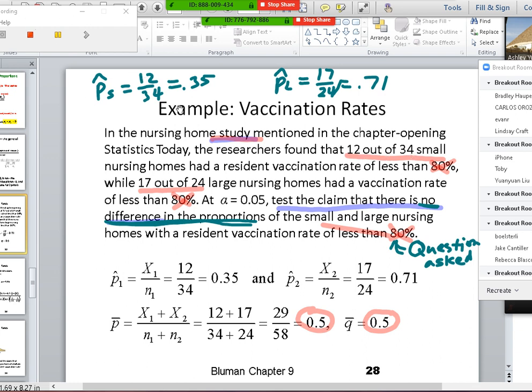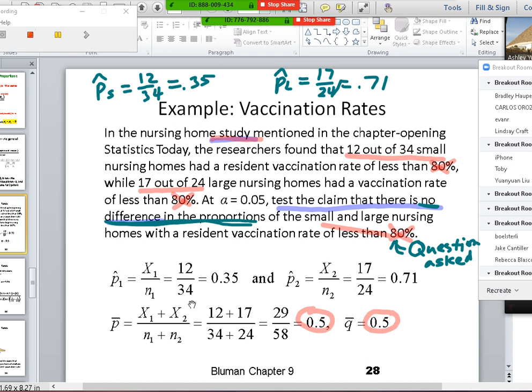So this is page 22, I believe. You should be filling this out because this is the page you're going to be handing in, scanning and turning in to me. So your p-hat small is 12 out of 34, .35. Your large ones is 17 out of 24. So your p-hat L, p-hat large, or p-hat 2 is 17 out of 24, .71.